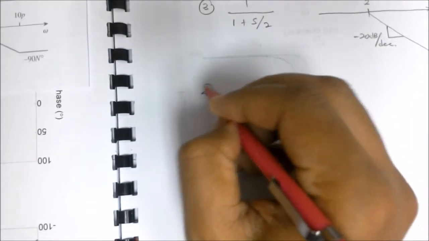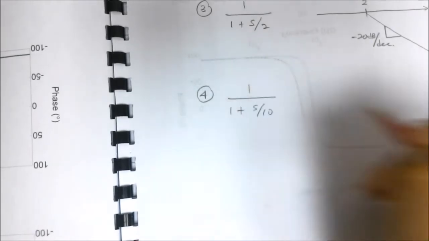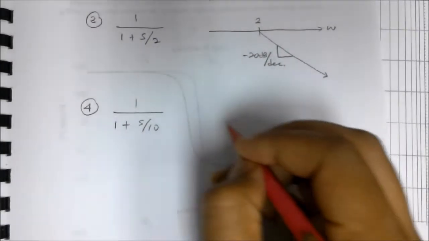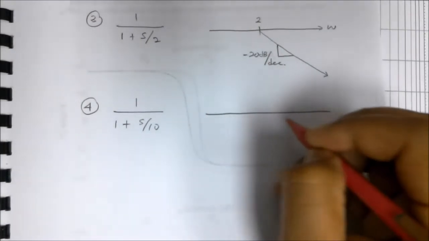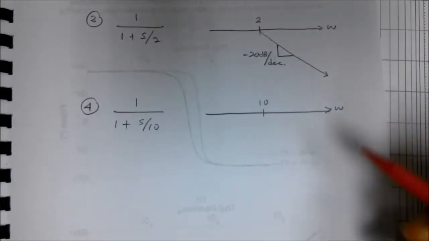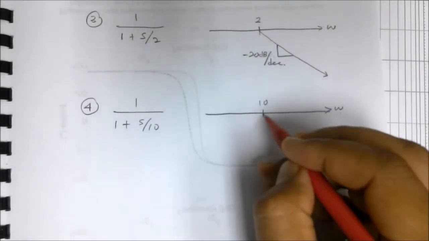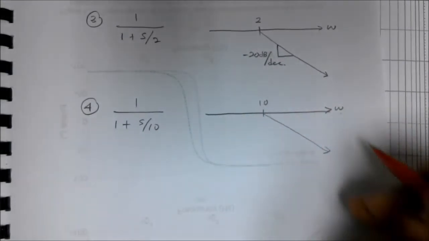And then the fourth one, 1 over 1 plus s over 10. Okay, same shape. Now it is at 10 radians, which is the angular frequency. Angular frequency 10 radians, right?